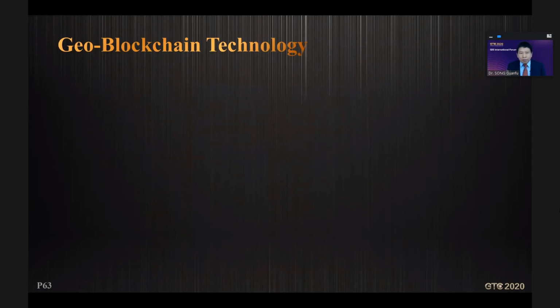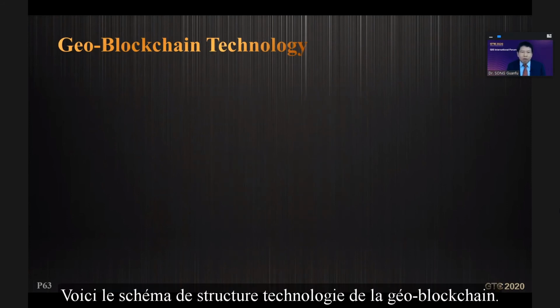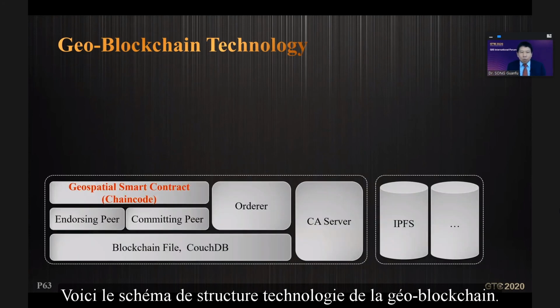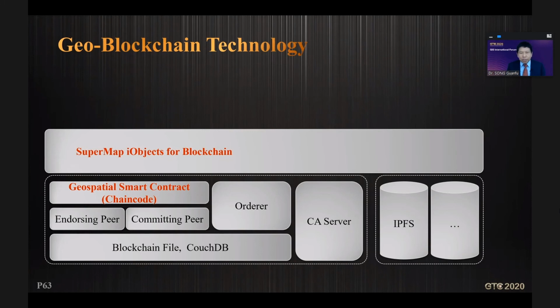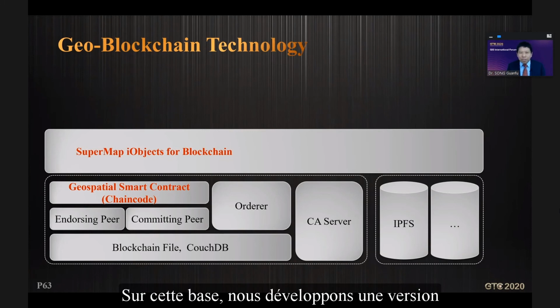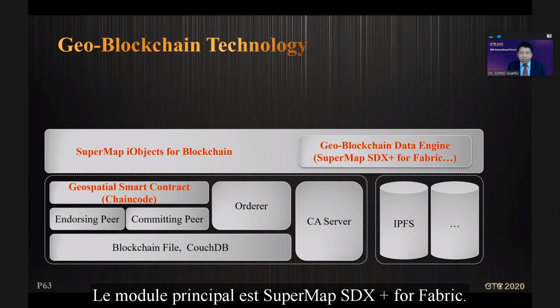This is the technical structure diagram of the Geo-Blockchain. We have implemented the Geospatial smart contract in the framework of the blockchain. On this base, we developed SuperMap iObjects for blockchain. The core module is SuperMap SDX Plus for Fabric.